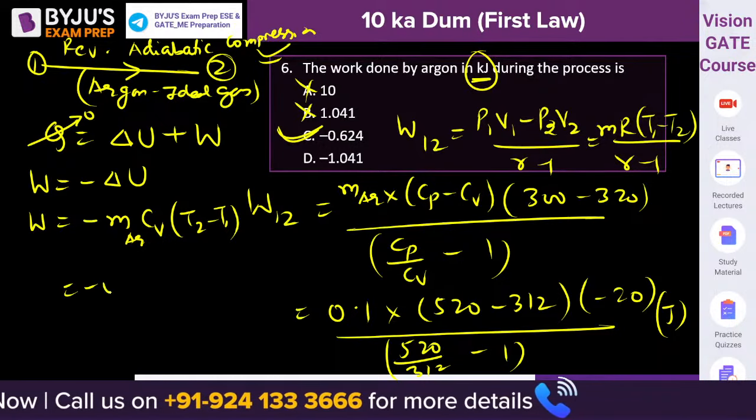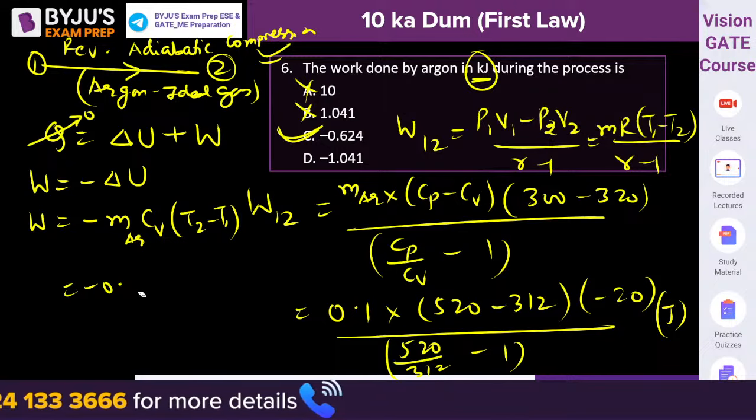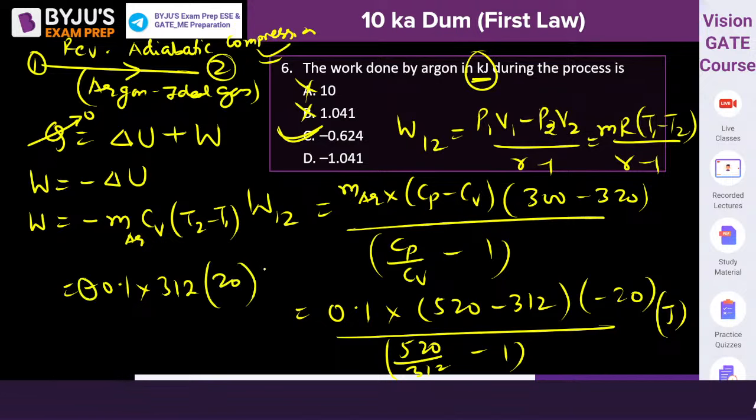So it will be minus 0.5, sorry 0.1. That is another approach. Minus 0.1 into Cv is 312 into T2 minus T1, that is 20. That will give you joule. This is better approach.